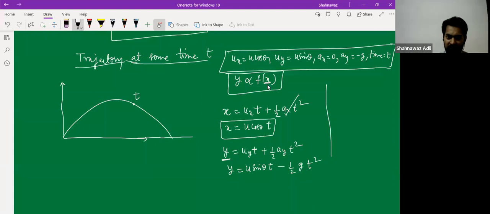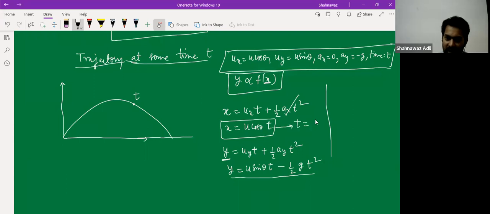And you see that from here it is a function of what? T, right? So we have to remove this t from here and put x somehow. So we will use this equation to find the value of t.